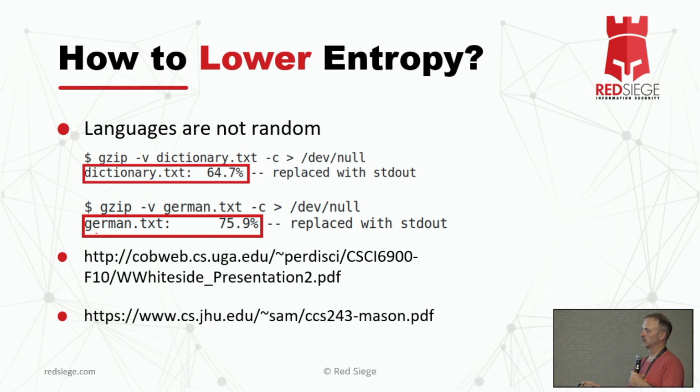Take the German dictionary and compress it: almost 76%. So it was even more compressible. Because of Kolmogorov complexity, we know that German is less random than English. It is lower in entropy than English because we can compress it more. So we know that languages aren't random.